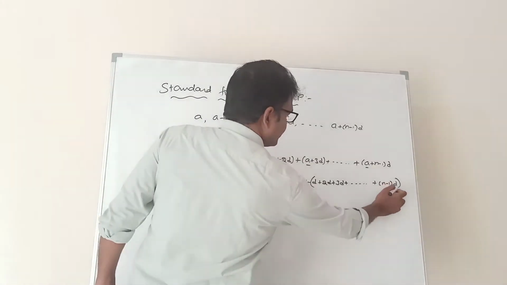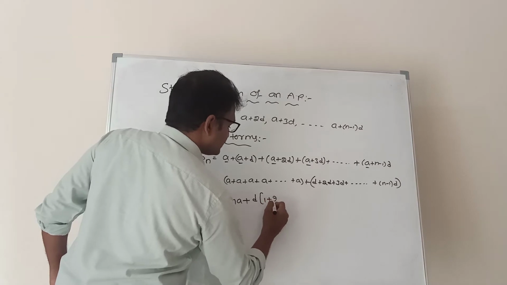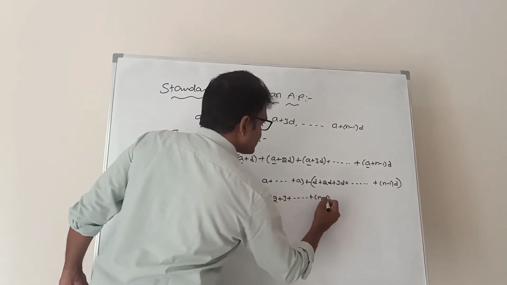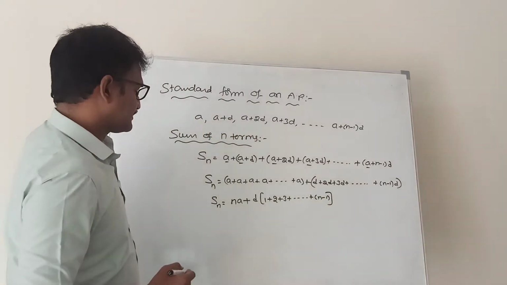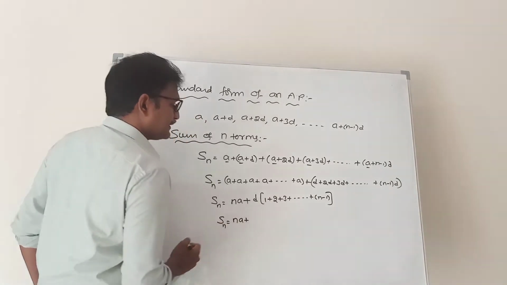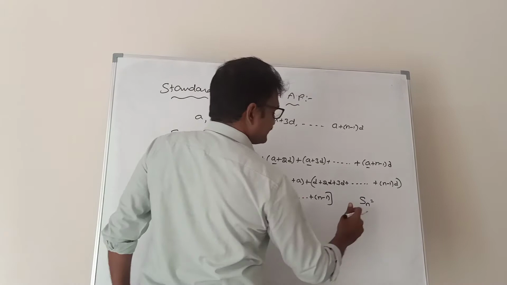Next, in every term D is common. If you take D common, 1 plus 2 plus 3 plus so on, plus n minus 1. So Sn is equal to nA plus D times the sum of those terms.